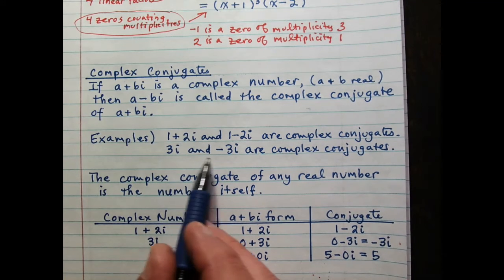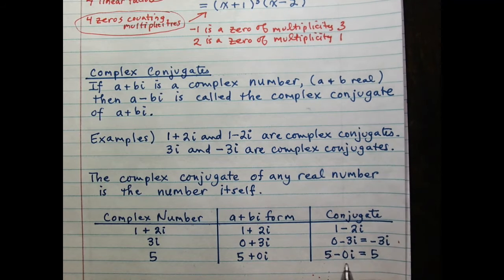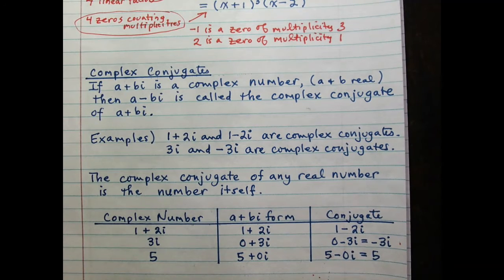So that explains that one example up above. Now what if you took a real number like 5? Its a plus bi form is 5 plus 0i, and so its complex conjugate would be 5 minus 0i, and do you see that's still just 5? That's what we mean by saying a real number is its own complex conjugate.